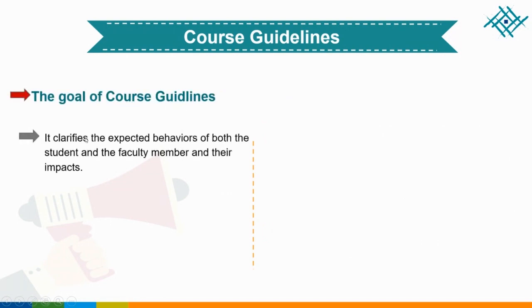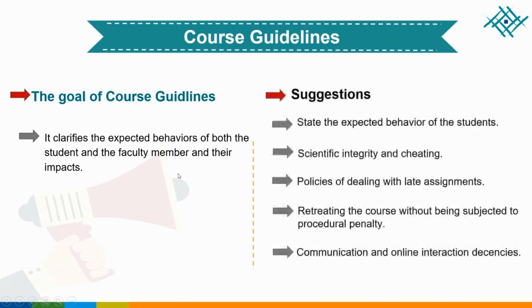The goal of course guideline is to clarify the expected behavior of both student and the faculty member and their impact. State the expected behavior of the students, scientific integrity and cheating, as I have showed you. Now, I put it as a forum for the scientific integrity and cheating.